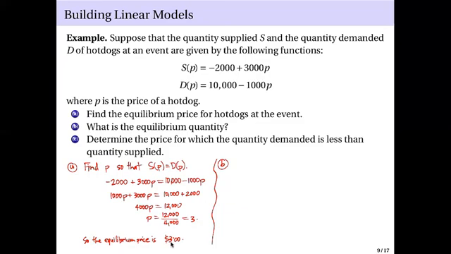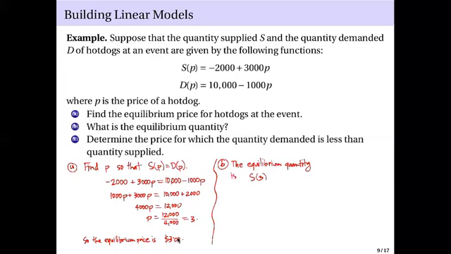The equilibrium quantity is S of 3, or you can use D of 3, because anyway, they are equal at P equals 3.